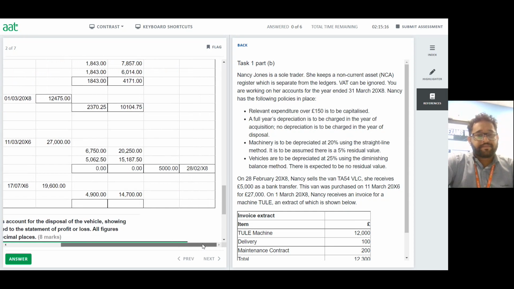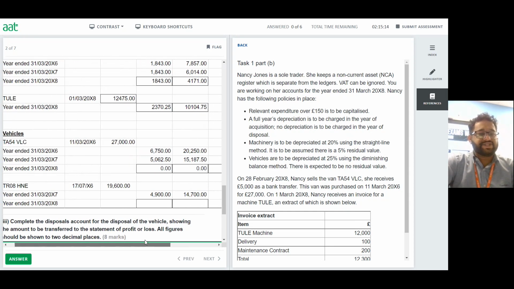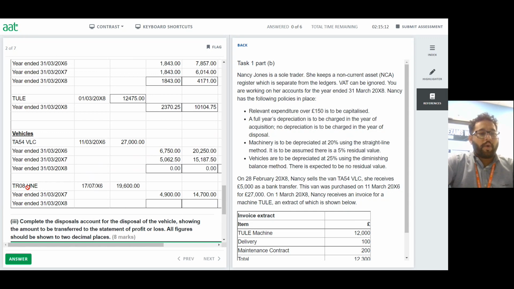Then here, I have further depreciation to do, this TR08HNE, and this is a vehicle. The vehicle is going to be depreciated 25% in the diminishing balance method. So here, this is the carrying amount of 14,700 multiplied by 25%. It gives me 3675.00.